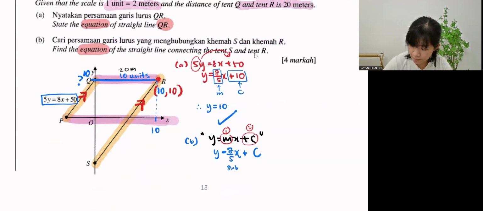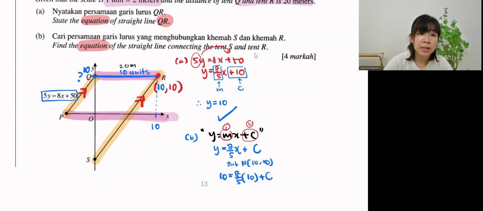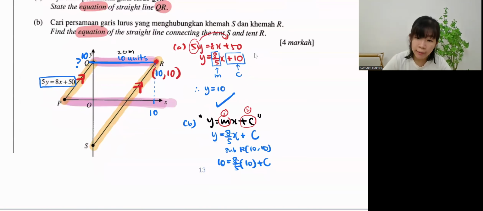Then we sub R (10, 10) into it. y is 10, 8 over 5, x is 10, plus c. 5 and 10 simplify, we get 2. So 10 equals 16 plus c.